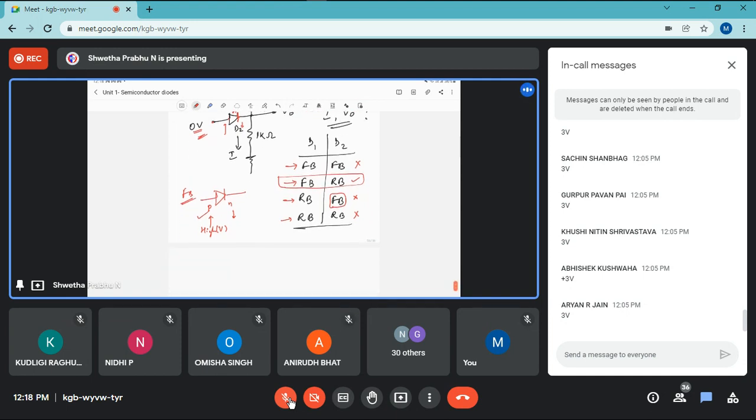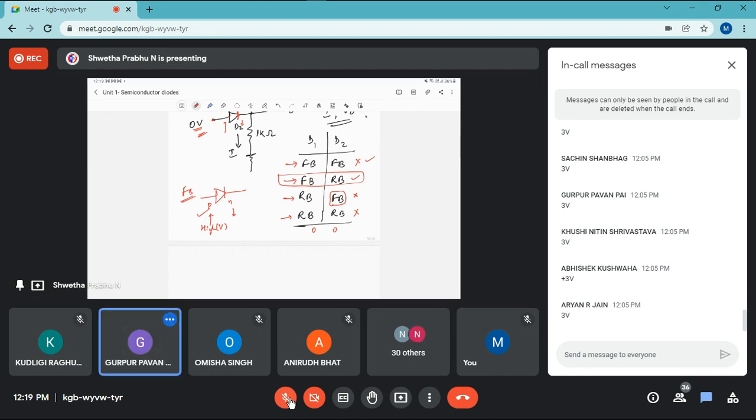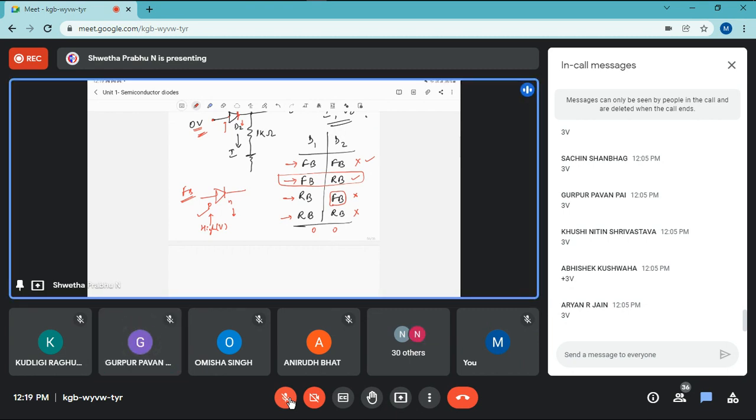If it was AND, then for 0 0, 0 1, 1 0 and 1 1 conditions, even for the 1 1 condition you should get the output, right? And only for 1 1 you should get the output for an AND gate. It can be either an AND gate or OR gate, not an XOR gate.